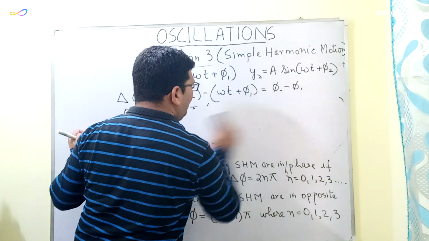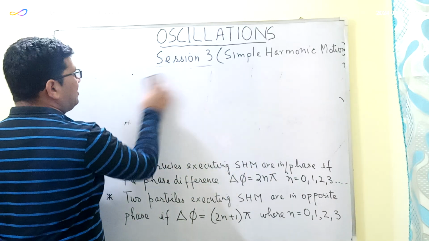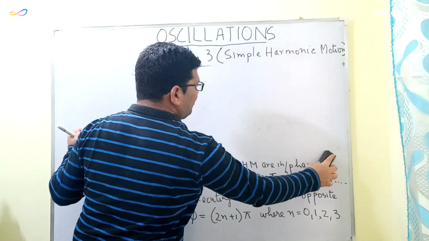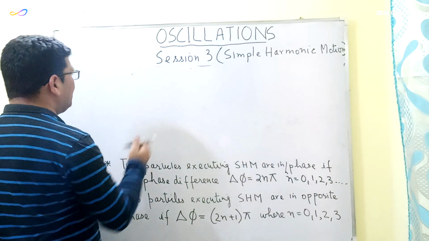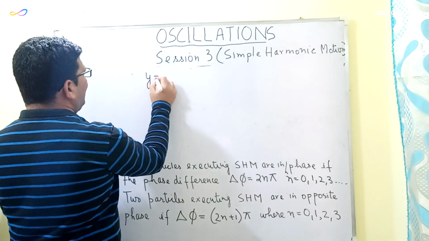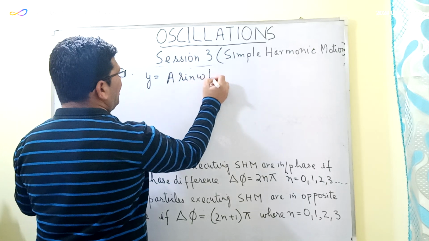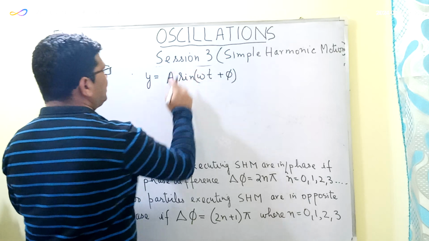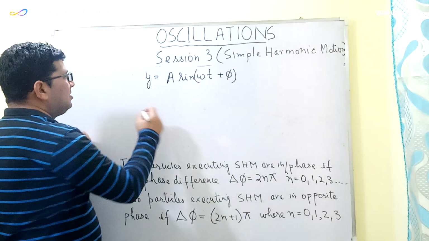Now the next important point is that we will derive the equation for the velocity and the acceleration of the particle which is executing simple harmonic motion. Since we know that y = A sin(ωt + φ), this is the displacement of a particle executing simple harmonic motion.